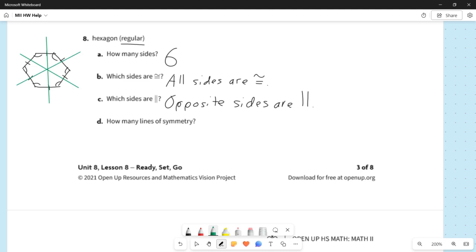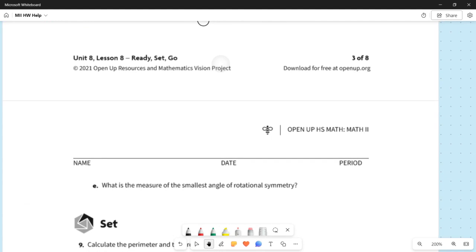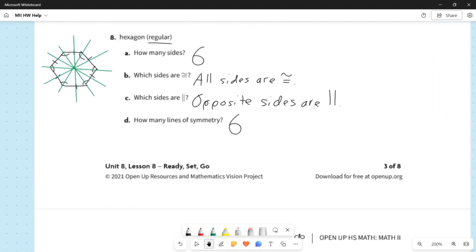But that's not all, because I can also cut through the vertices, like that, like that, and like that. So with a regular hexagon, we're really starting to get a lot of lines of symmetry here. But how many lines do we have? We have 6. So 3 of them go through the sides, and 3 of them go through the vertices, for a total of 6.